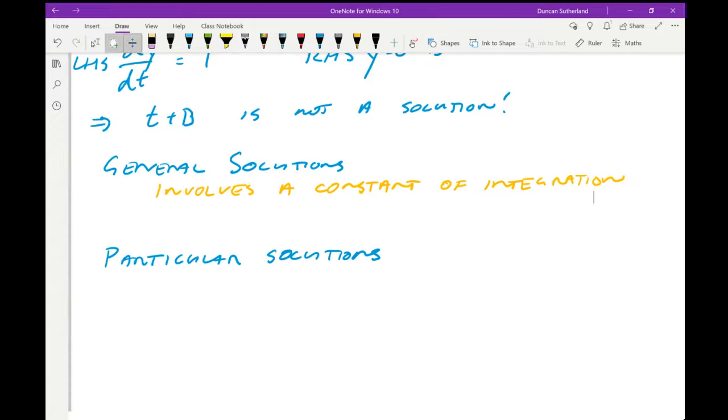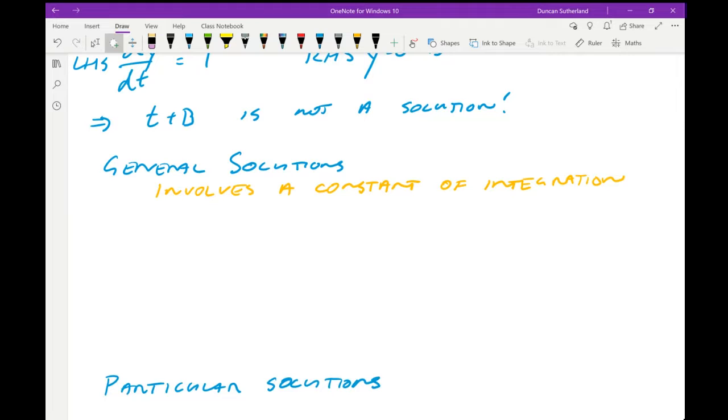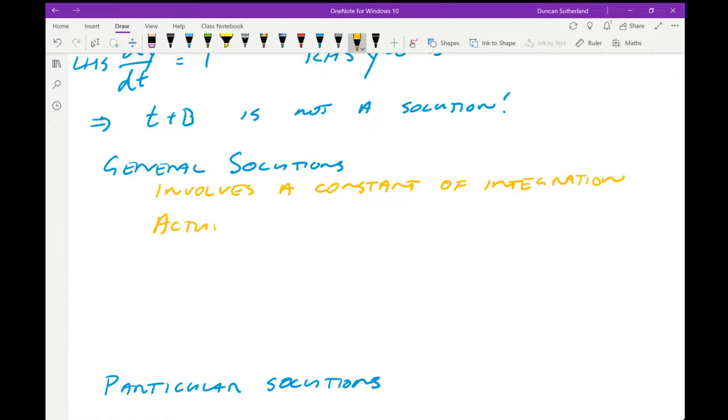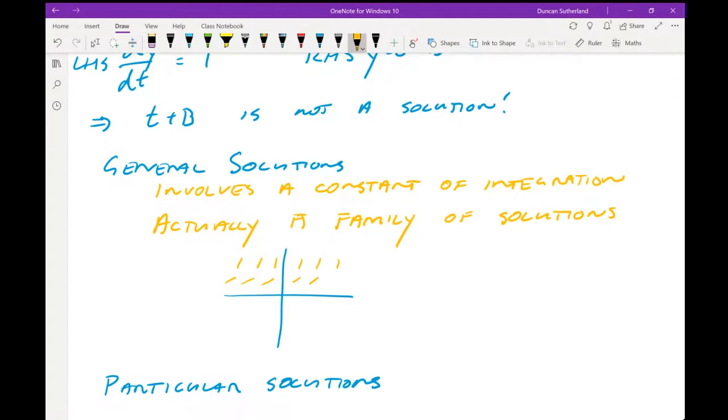So we saw this idea with our slope fields, that we've got this idea of a family of different solutions. So we might have had a slope field that kind of looked a bit like this.